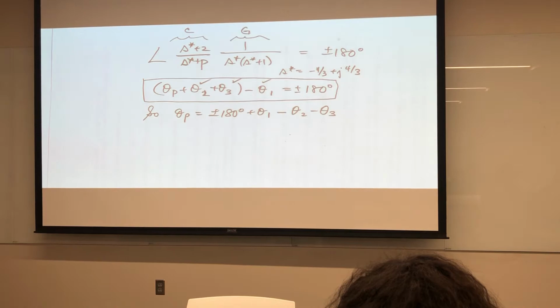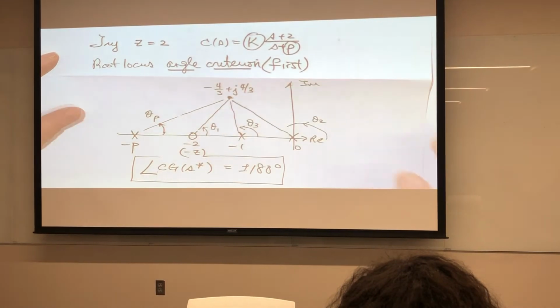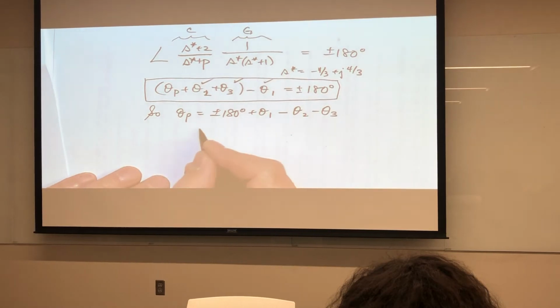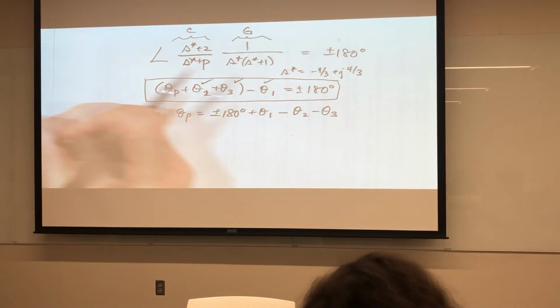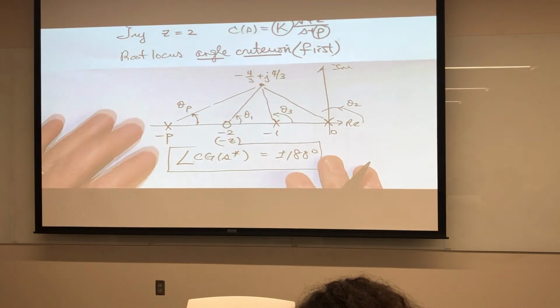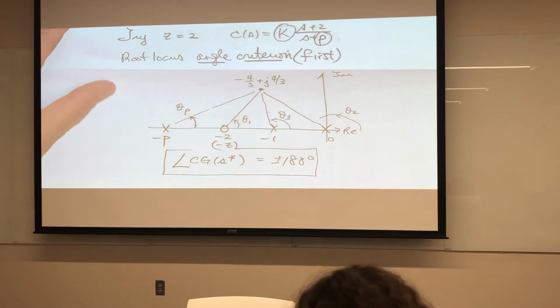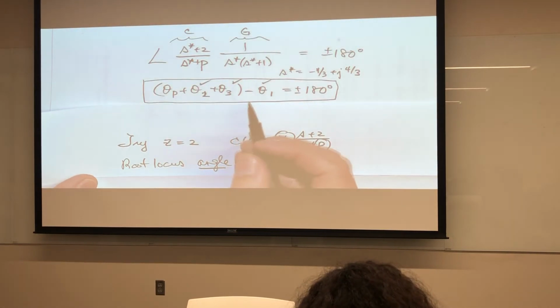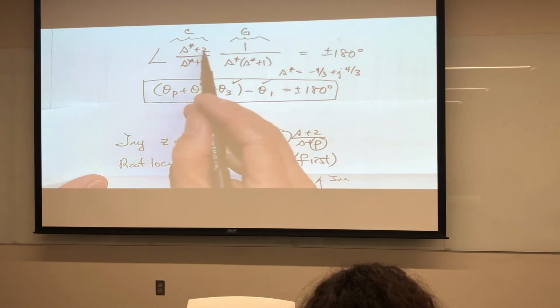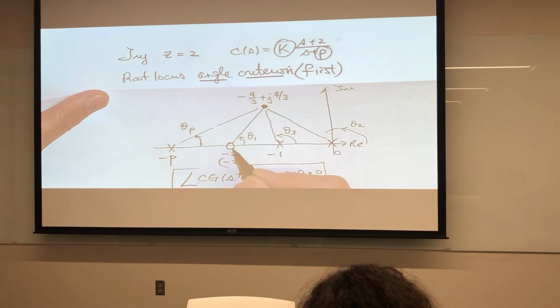All right, so we're gonna find some of these angles right now. I want to talk through these. Now let's find, for example, theta 1. Theta 1 is this ray right here. It comes from evaluating this point, S star, at the 0.